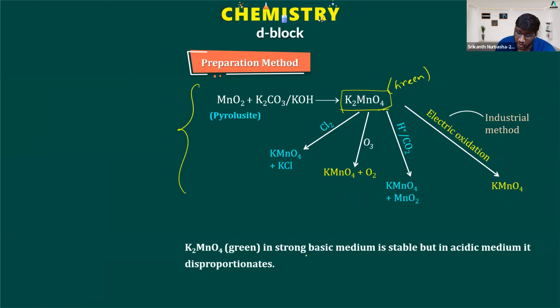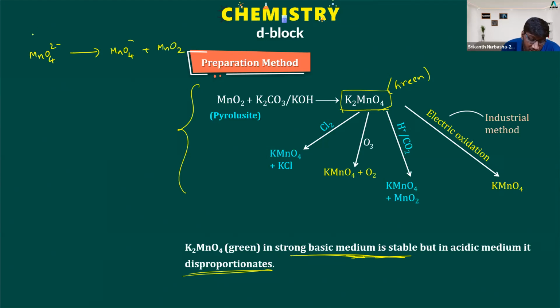K2MnO4 is stable in strong basic medium, but in acidic medium it will disproportionate. K2MnO4 has MnO4 2-, and it is converting into MnO4- plus MnO2.